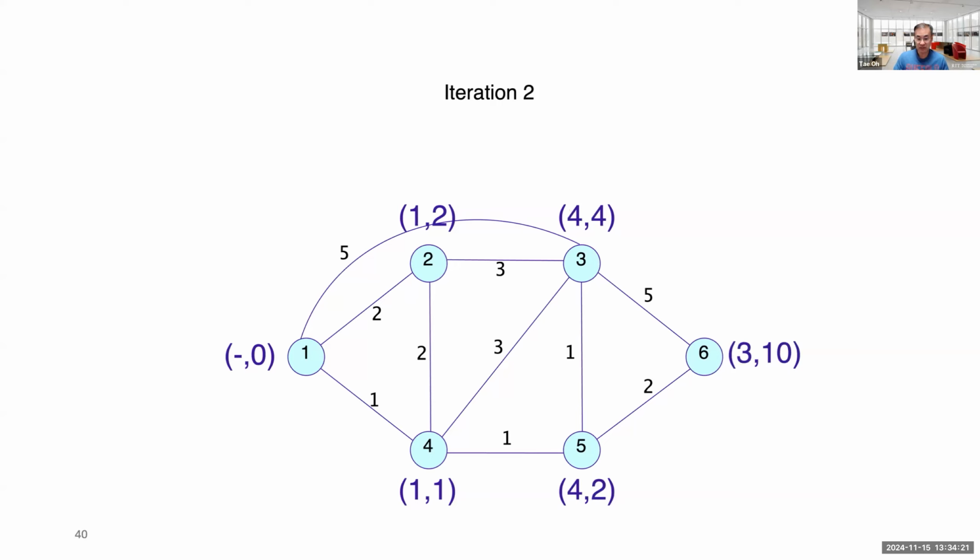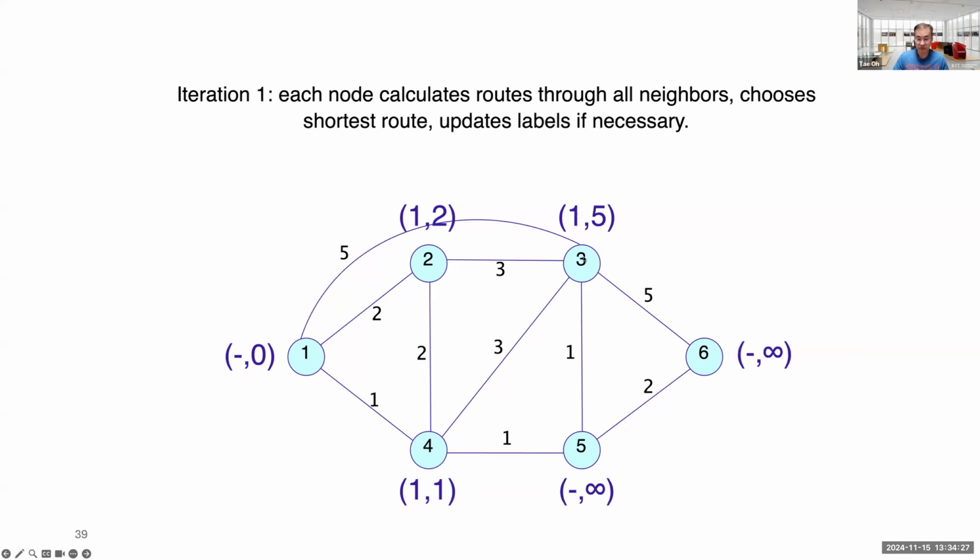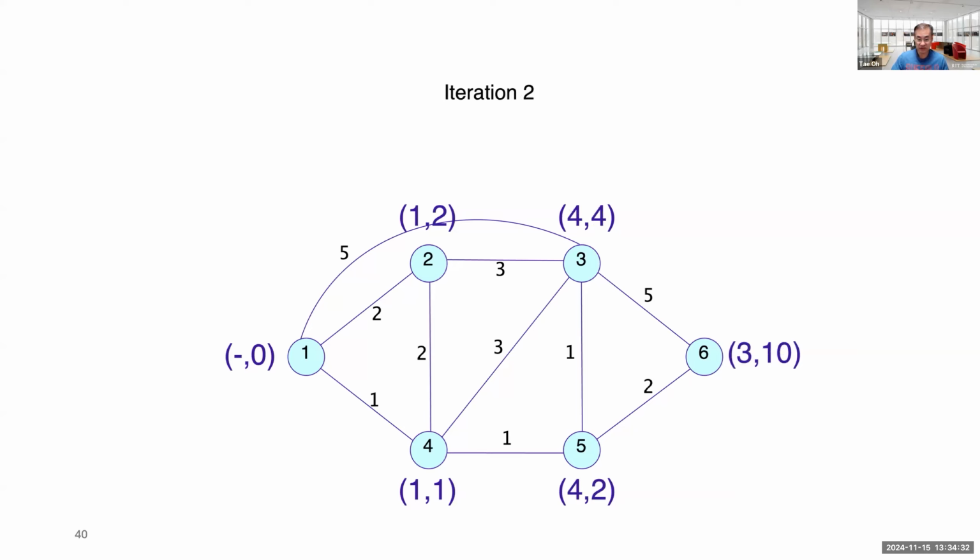Iteration 2, because iteration 1 is this. Iteration 2 looks at the neighbors and sees which is the shortest. Right now for 3, the neighbor has 1 1 here, the neighbor has a 4 2 here, and a 1 2.